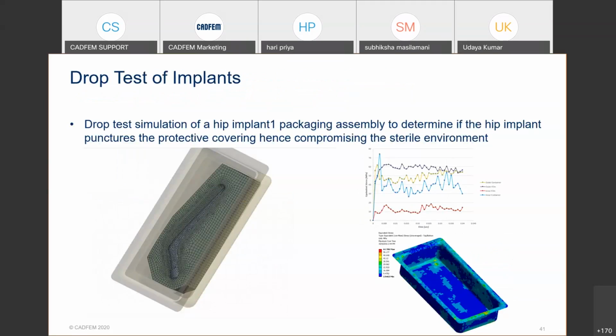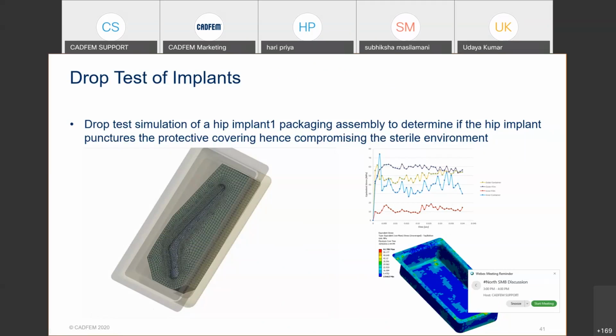The transportation part is also very important, as once the part comes out of its package, we cannot use it again because the sterile concept is gone. So the packaging of these implants can also be simulated inside ANSYS.